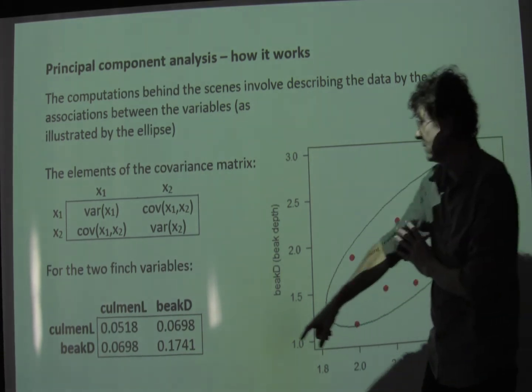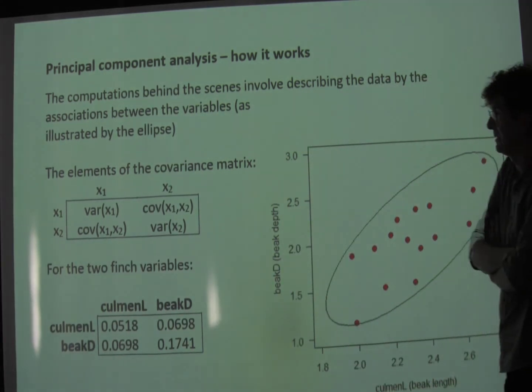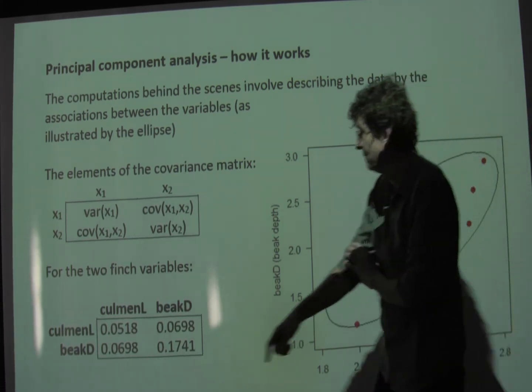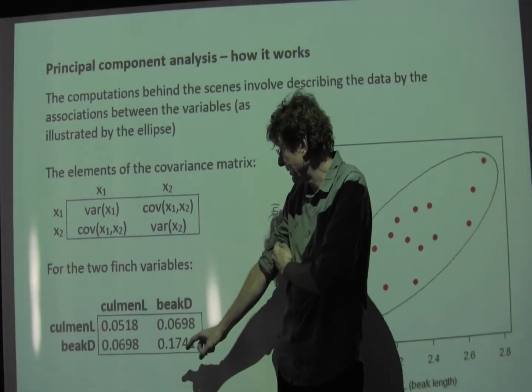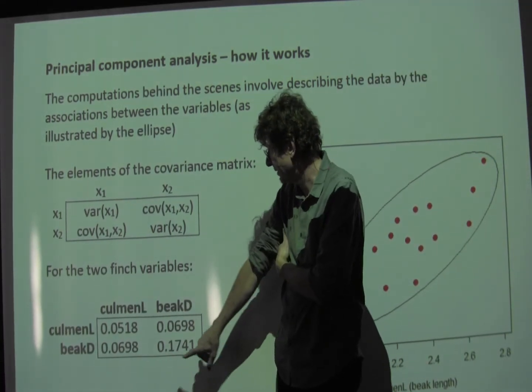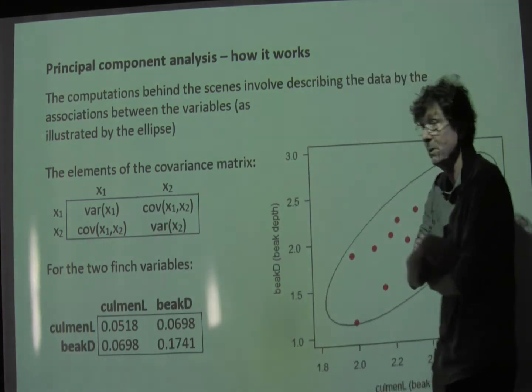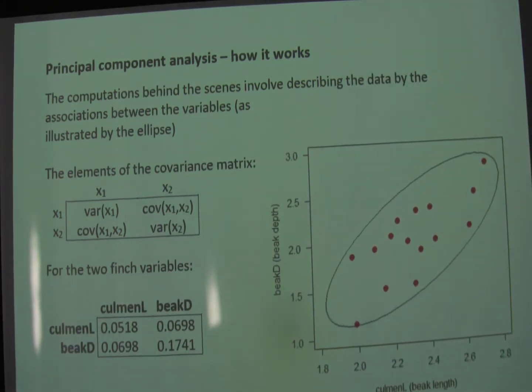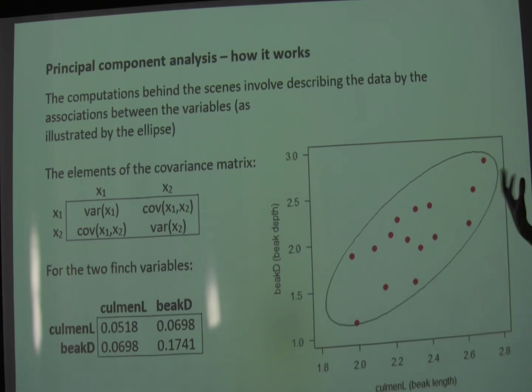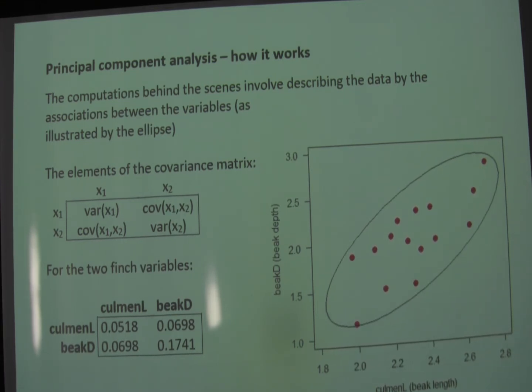Here are the numbers for the 2 finch species in these 2 traits: the variance in beak length among the species, the variance in beak depth among the species, and the covariance between the 2. The covariance is the numerator of the correlation. It's part of calculating the correlation, but the correlation standardizes it so that it stays between -1 and 1, while the covariance is just an unstandardized version of a correlation.